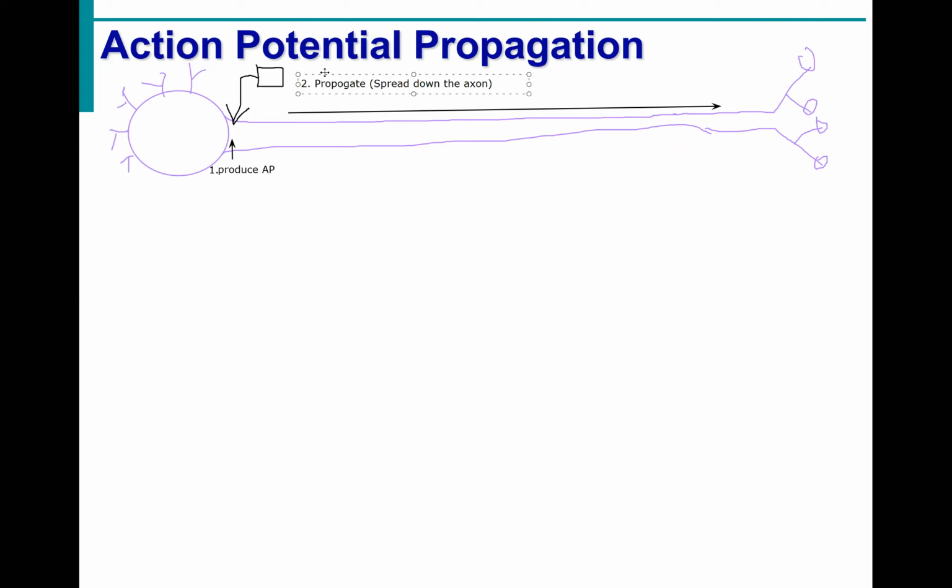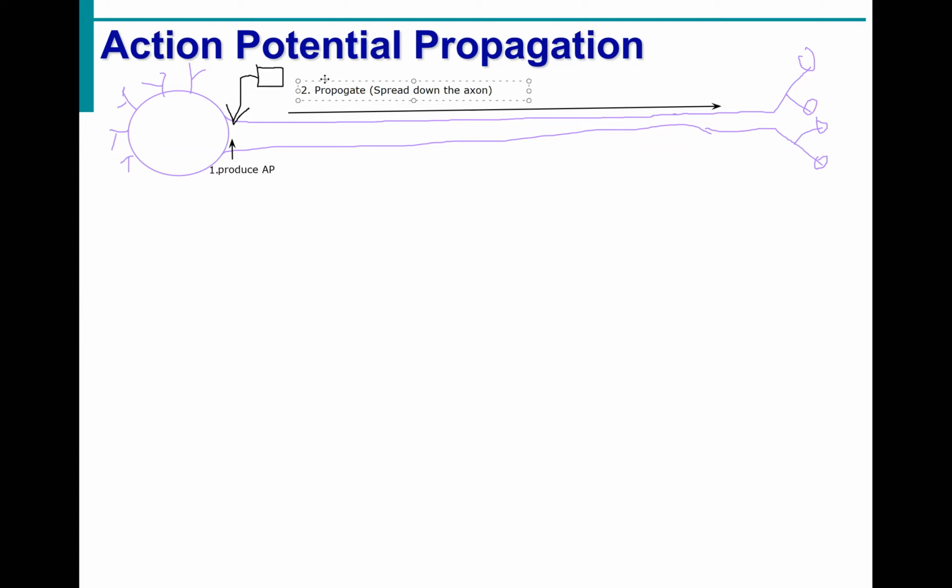And one of the important things to remember is that electricity moves a lot like water. So we could produce a big wave at the end and have it spread. The problem with things spreading passively is that they diffuse, they attenuate, they get smaller. And we don't want that to happen.